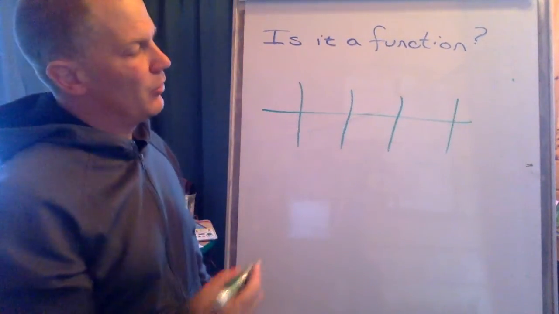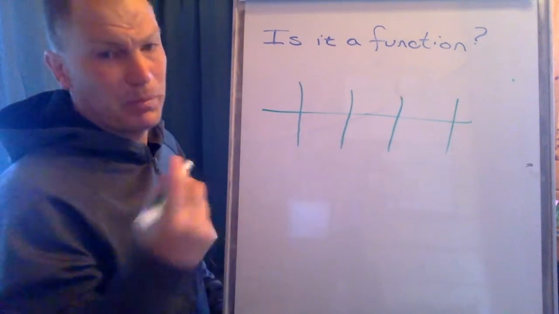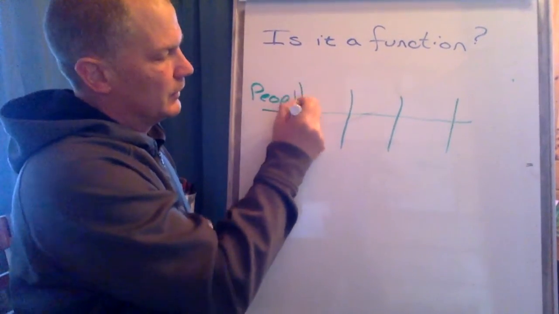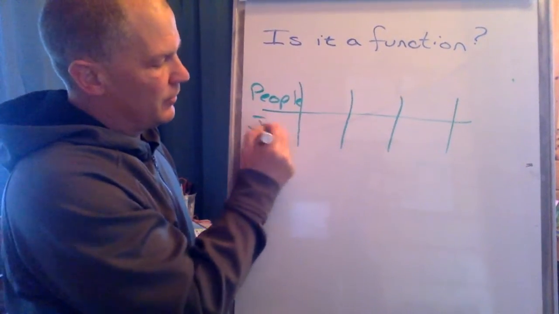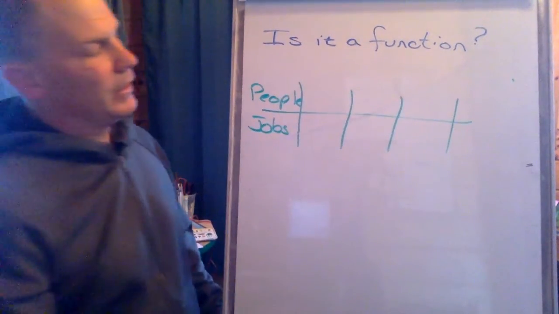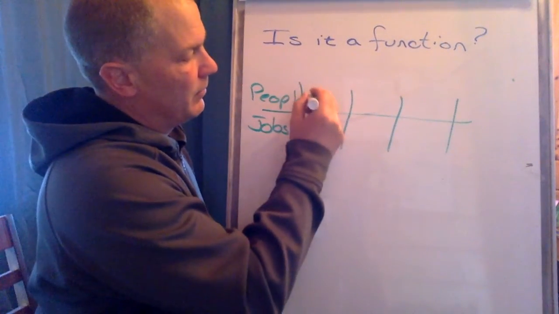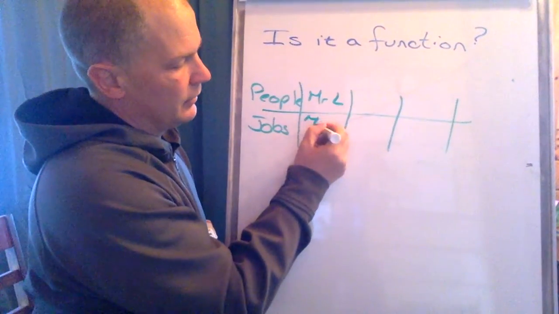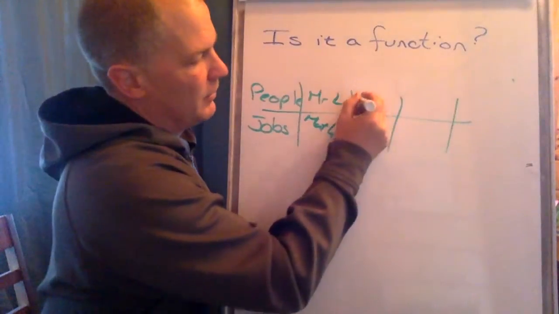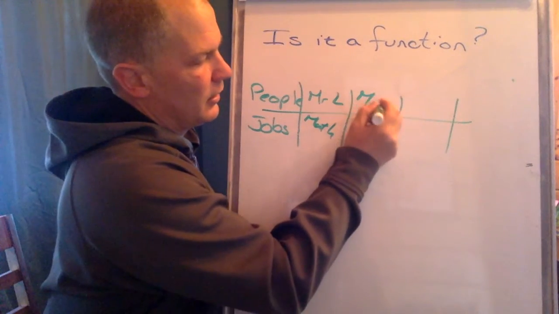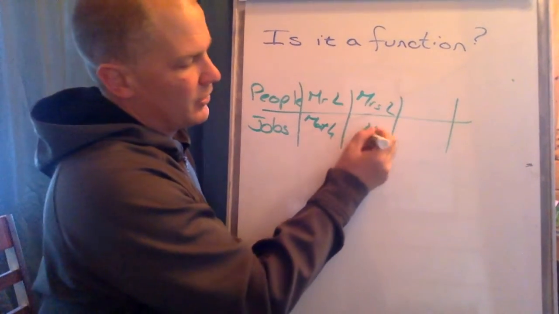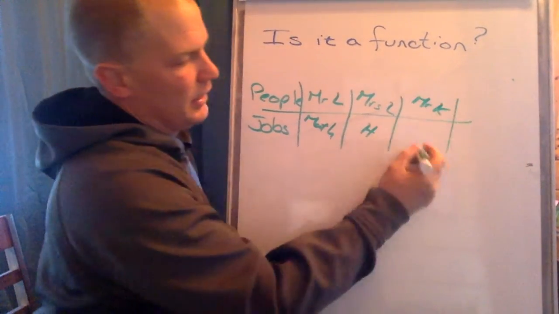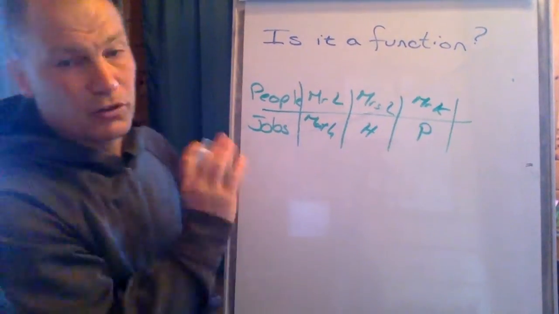If we think about the people working at the school and their jobs, we could say me, Mr. Lynch, right? My job is math. And then we could say Mrs. Lynch, and her job is history. And we could say Mr. Kenny, and his job is the principal. So far, this is a function.